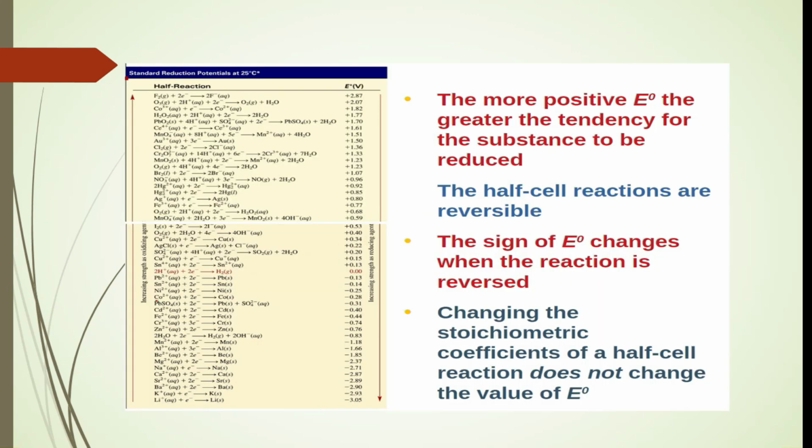The hydrogen electrode has a value of 0.00, and values increase from minus values to plus values. Fluorine has a value of plus 2.87, and the lithium electrode has a value of minus 3.05.